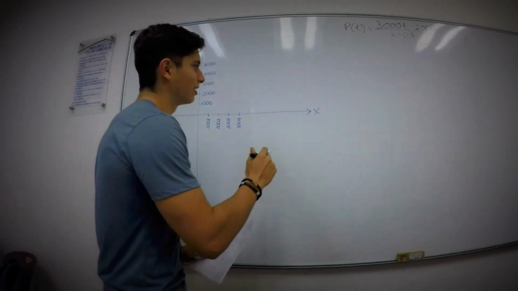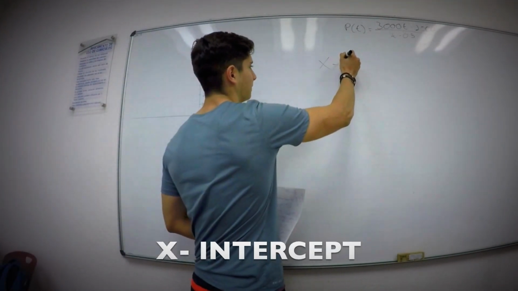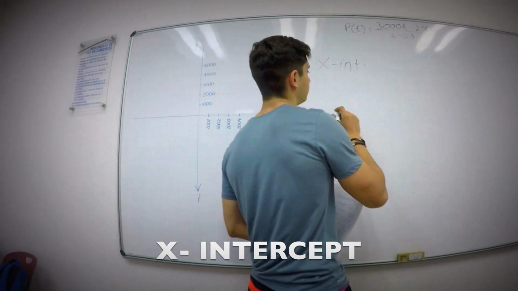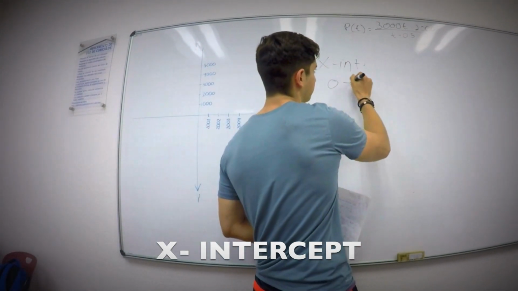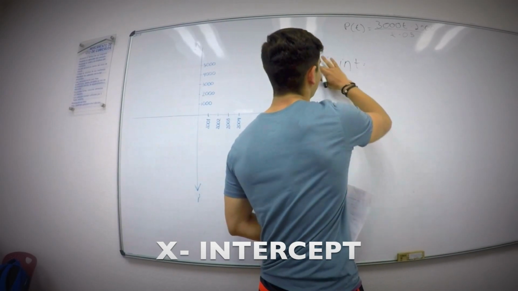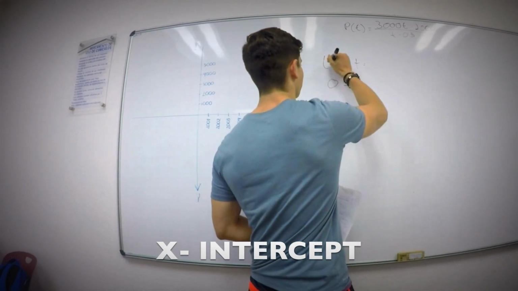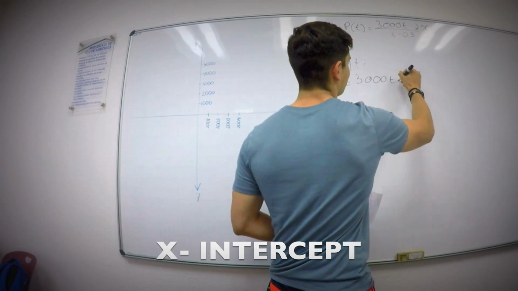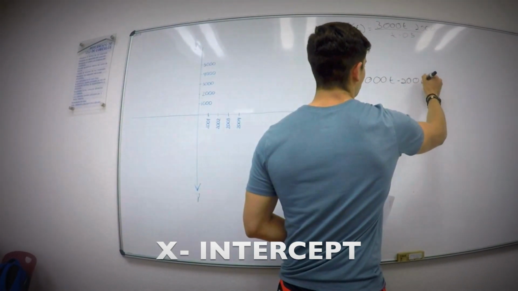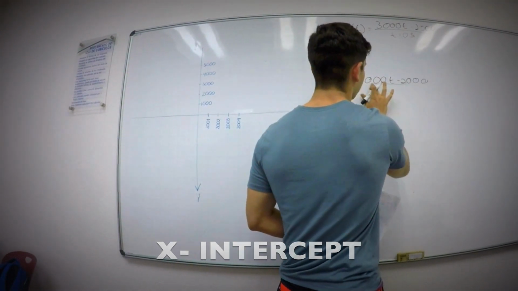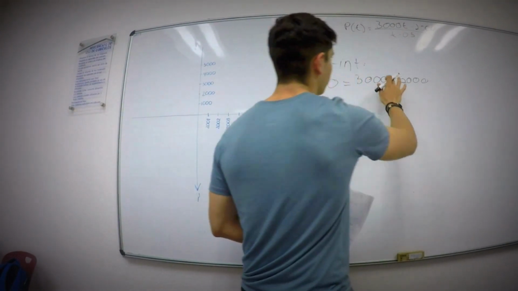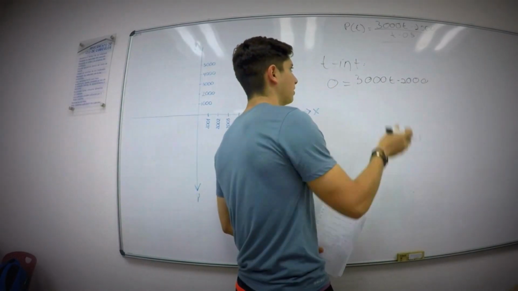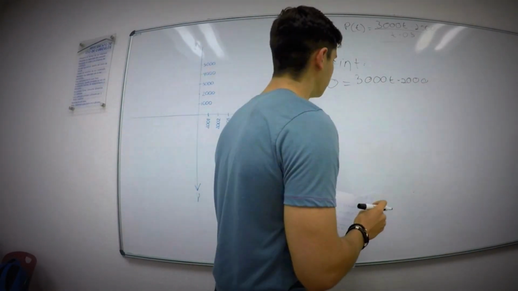First, we're going to take the x-intercept, the t-intercept. To do this, we make the y equal to 0. We take just the top part, since multiplying the bottom part by 0 gives 0.